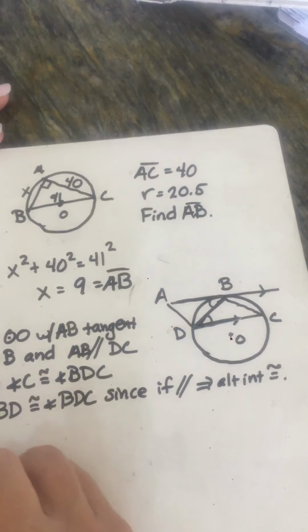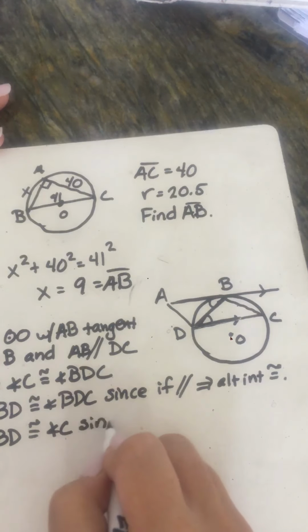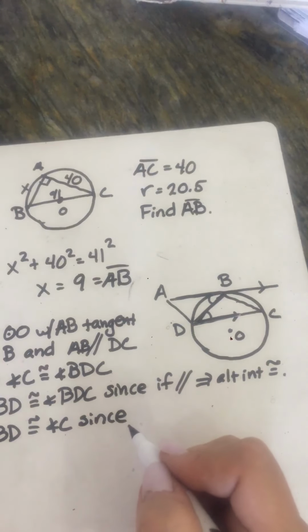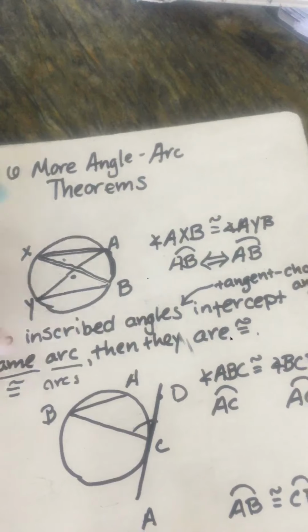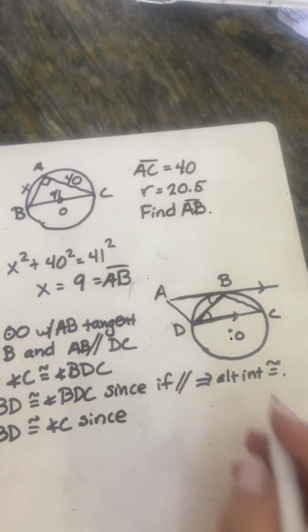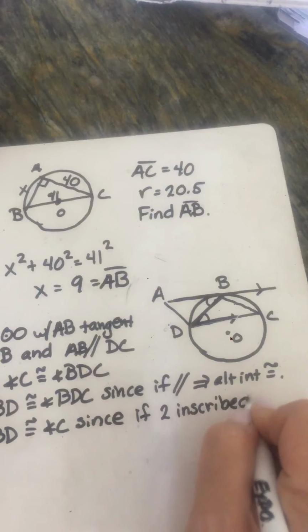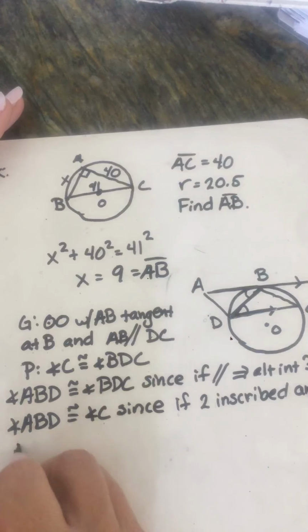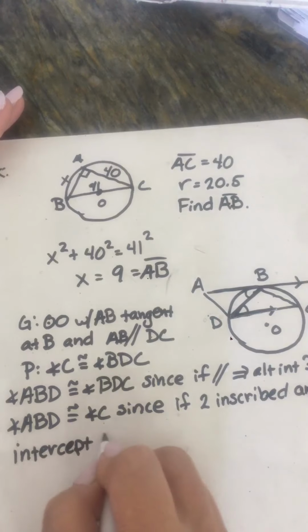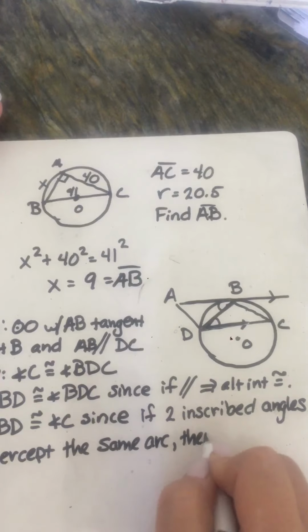So angle ABD is congruent to angle C since, all right, let's go back to the very beginning notes that we took. So here they are. If two inscribed angles intercept the same arc, then they are congruent. So let's use that. If two inscribed angles intercept the same arc, then they are congruent.